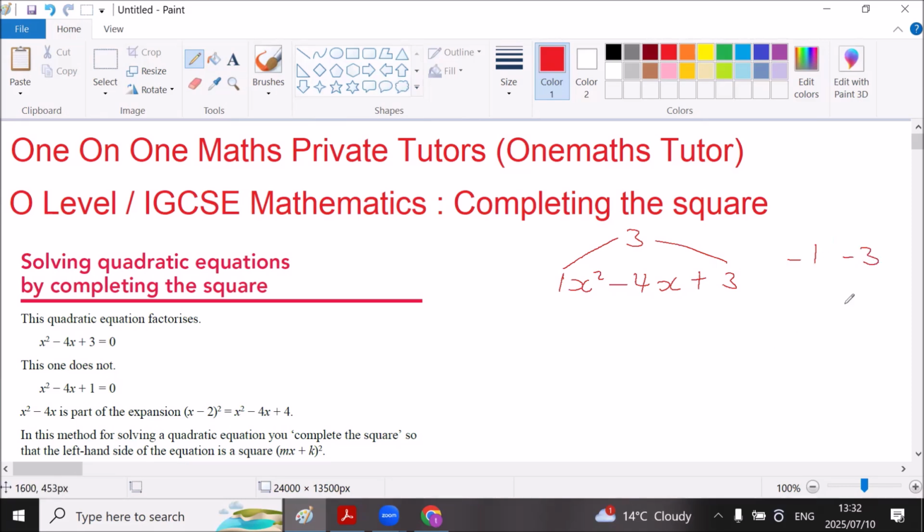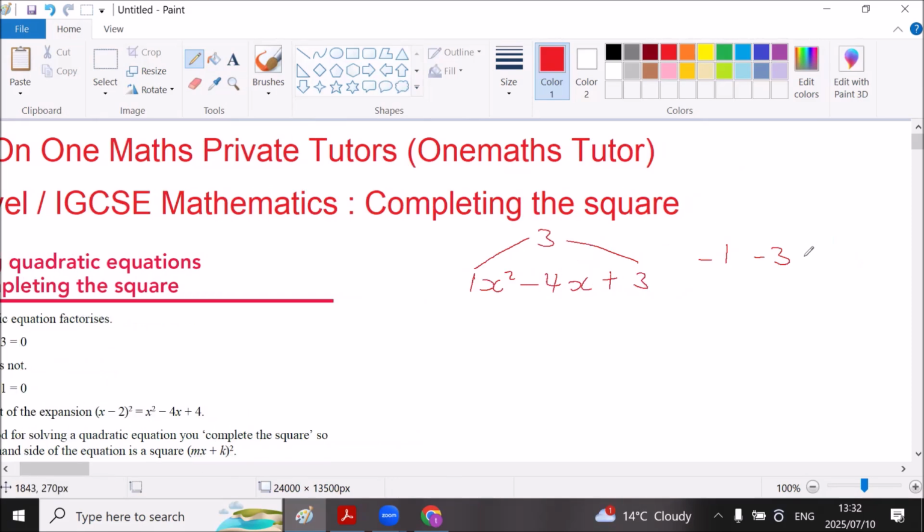Minus 1 minus 3 will give us minus 4. Minus 1 times minus 3 will give us 3. So we break down this middle term using these factors. So we have x squared, or 1x squared, minus x, or minus 1x, minus 3x plus 3.